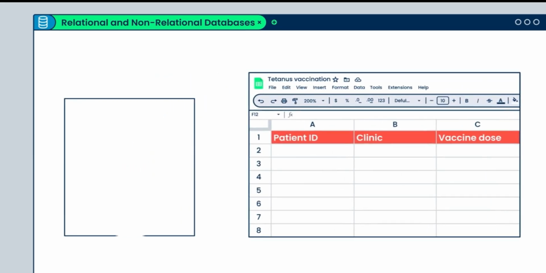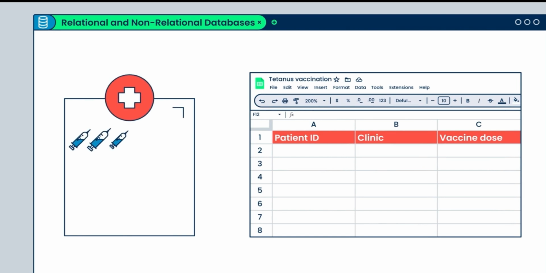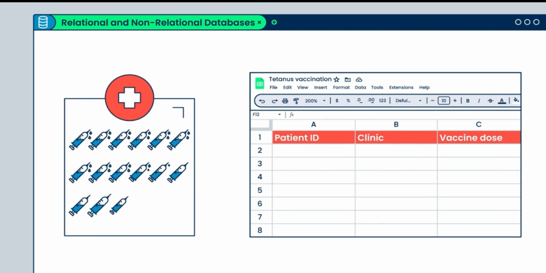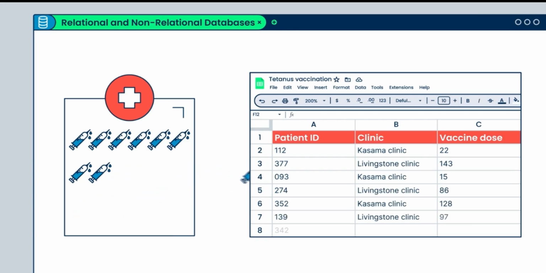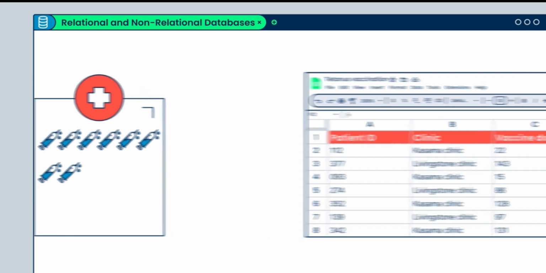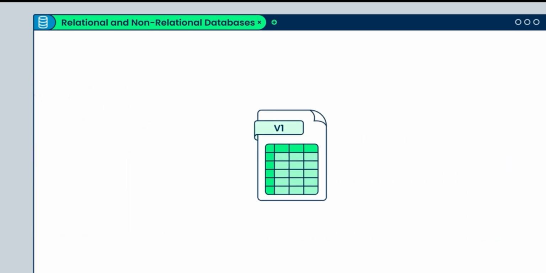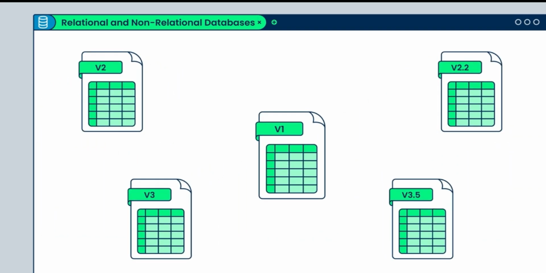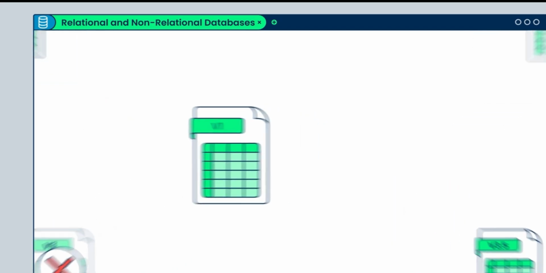In the past, our example campaign would have relied on spreadsheets to track vaccine distribution, monitor doses administered, and record patient information. However, as the campaign gained momentum, the shortcomings of spreadsheets became evident. Due to the sheer volume of data, multiple versions of the spreadsheet were created, which led to confusion and inconsistencies. As such, critical vaccination data are at risk of being lost or misinterpreted.